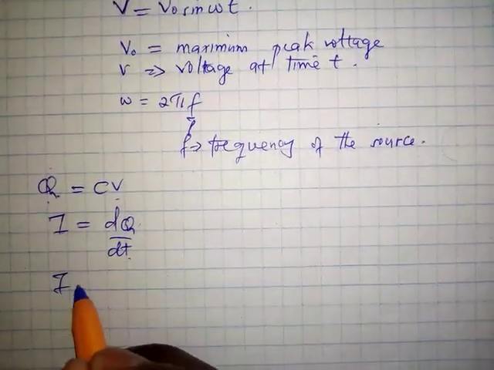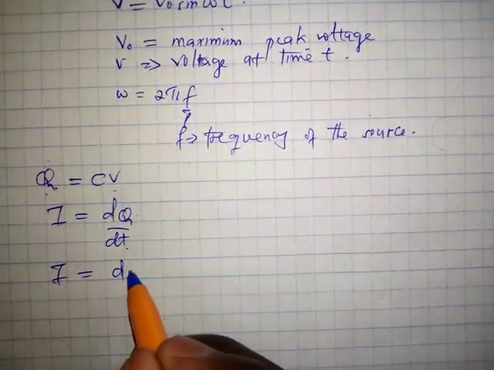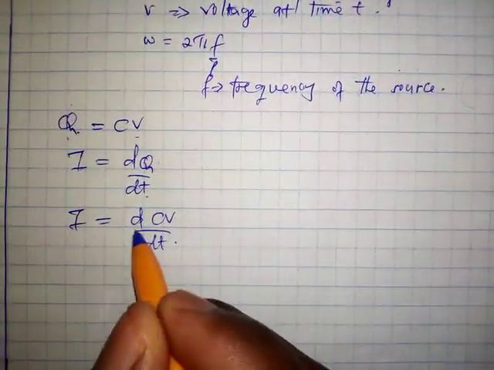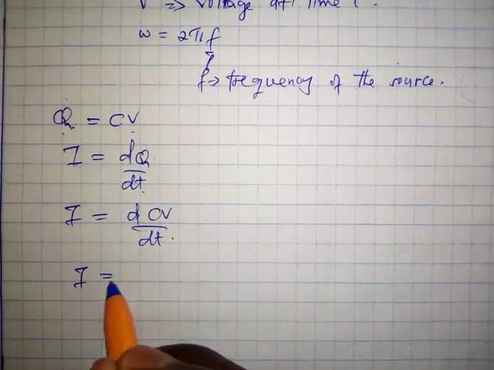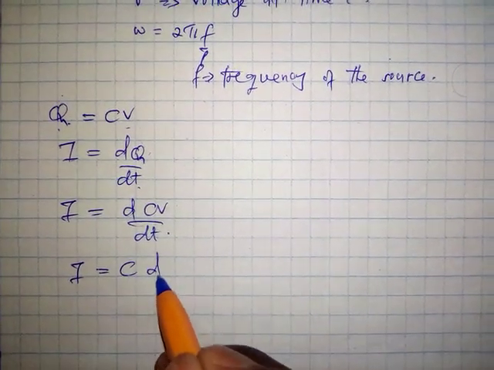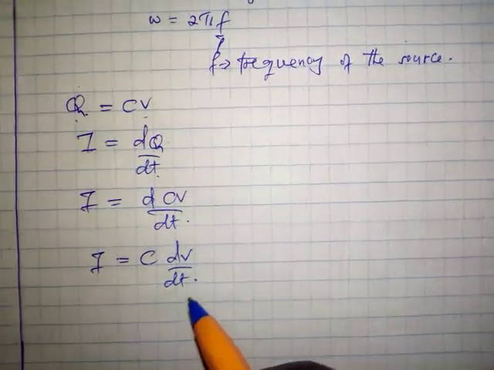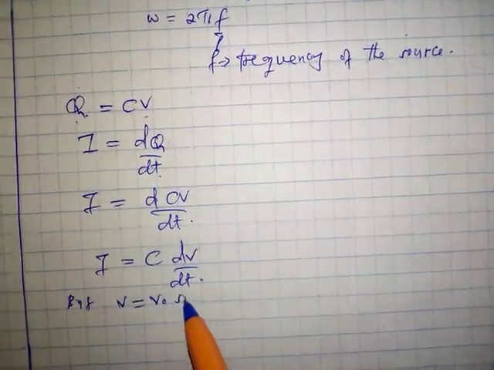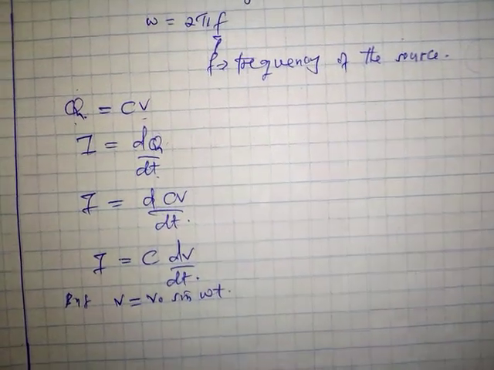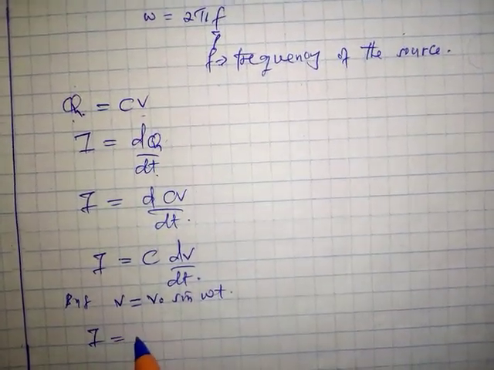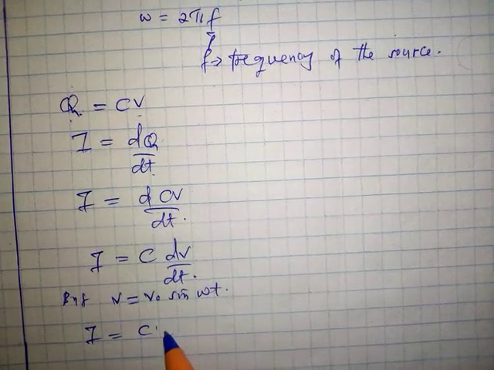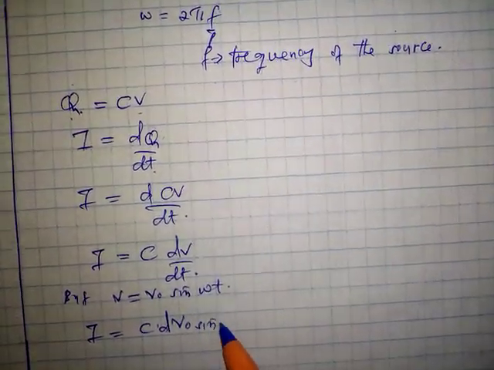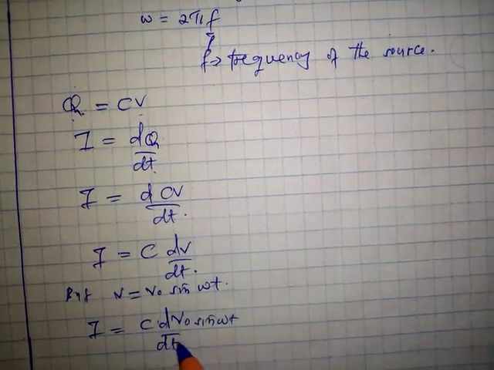We can also write this as I equals C dV dt, but V is given by V naught sine omega t. So our I is equal to C d(V naught sine omega t) dt.